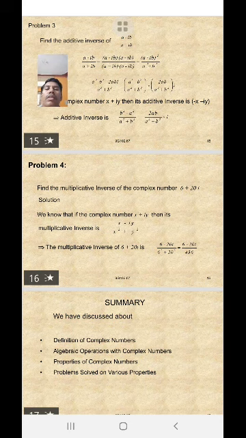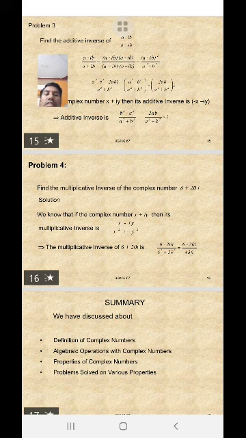we know that if the complex number is x plus iy, then its multiplicative inverse is x minus iy by x square plus y square. Then the multiplicative inverse of 6 plus 20i is 6 minus 20i by 6 square plus 20 square.